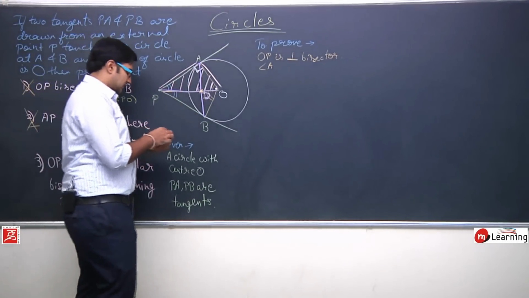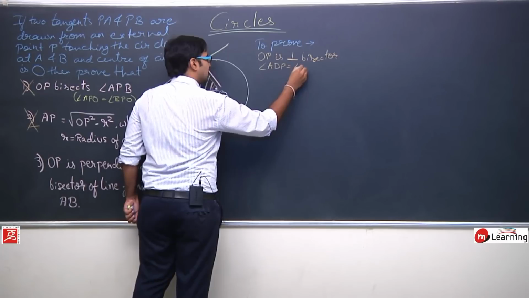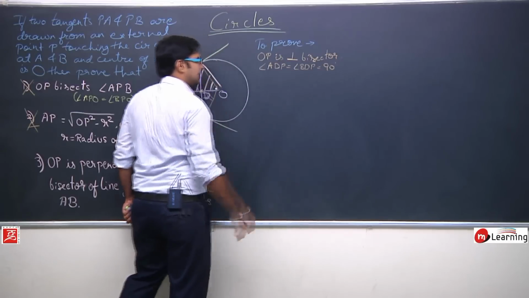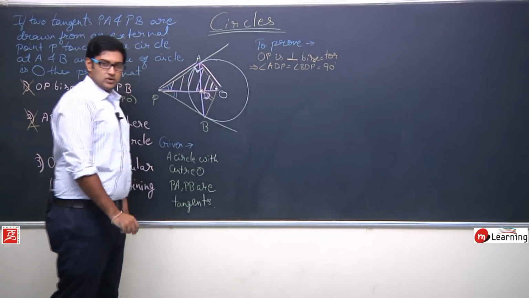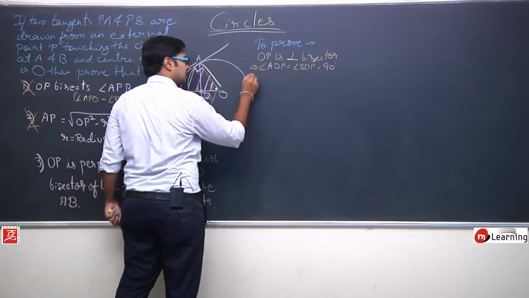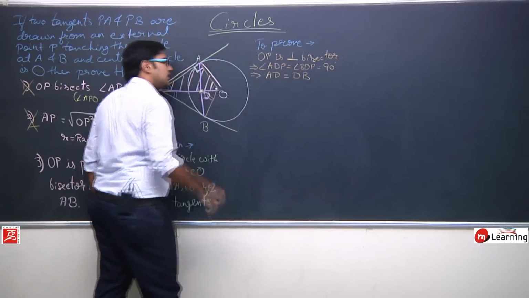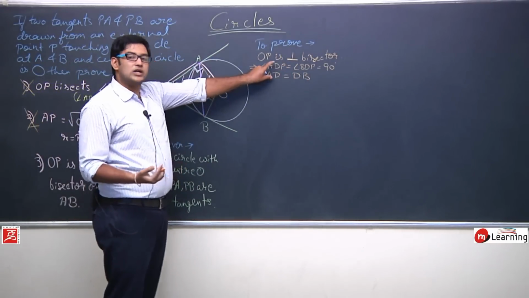What you need to prove is angle ADP is equal to angle BDP is equal to 90 degrees. Okay, this is what you need to prove. And what you need to prove is AD is equal to DB. Now try to understand why I am writing these two conditions.